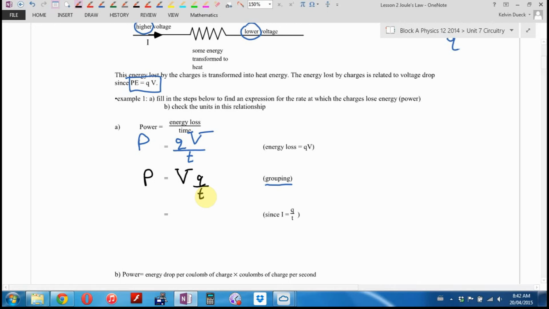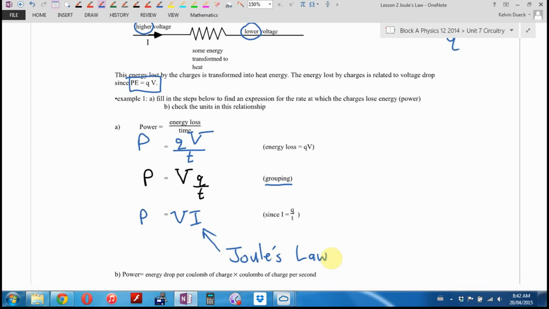Current, I. Okay? So this is Joule's law. Power equals V times I. We call this Joule's law, named after a scientist whose last name was Joule.